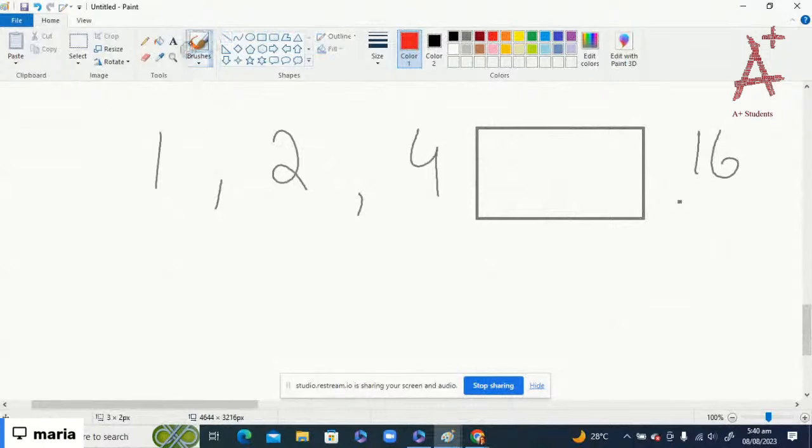So which pattern do we follow here? Let's think about it, and then we write our answer. Which pattern do you follow here? Is there anyone to answer it? Think about it.